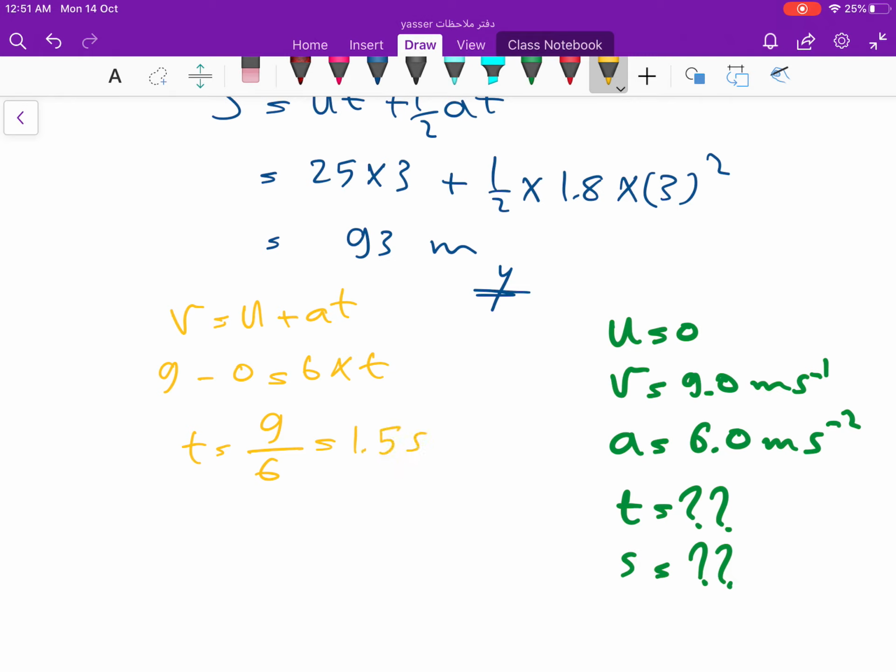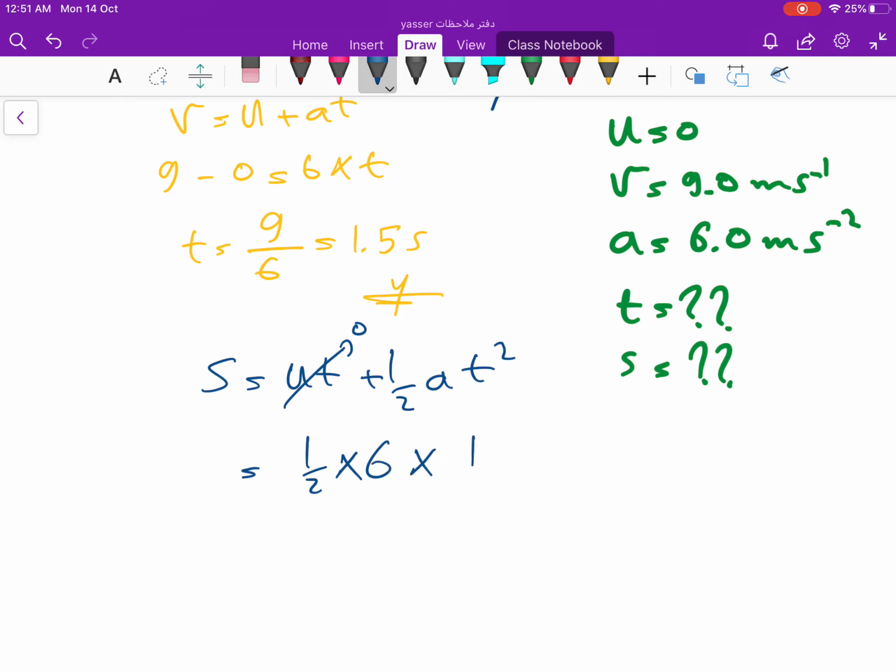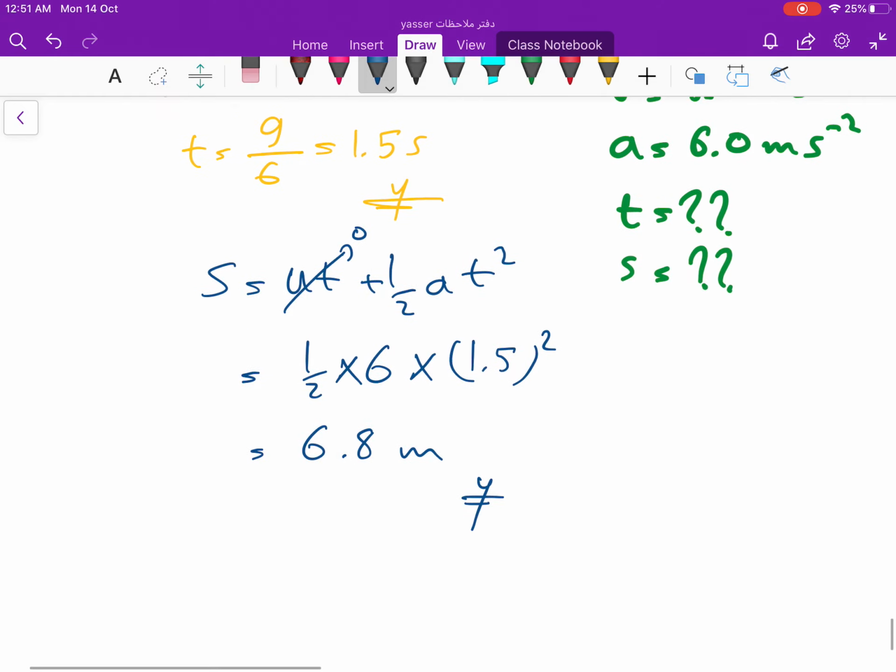For calculating the distance covered, or the displacement, we use the second equation, s equals ut plus half at squared. u is 0, so this term is 0, so we have half times the acceleration 6, multiplied by the time 1.5 squared. You will find the result as 6.8. You have to put it into significant figures. Don't forget to put the unit after the value.